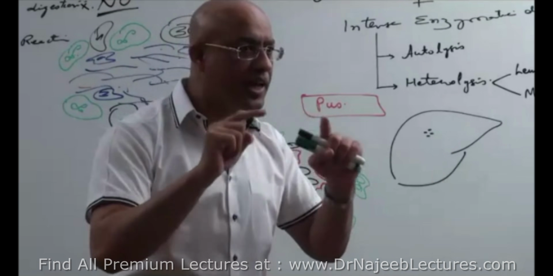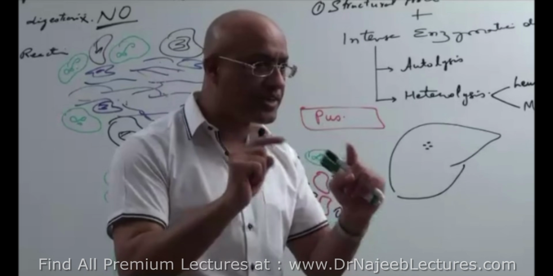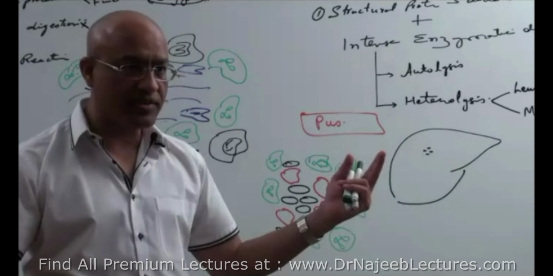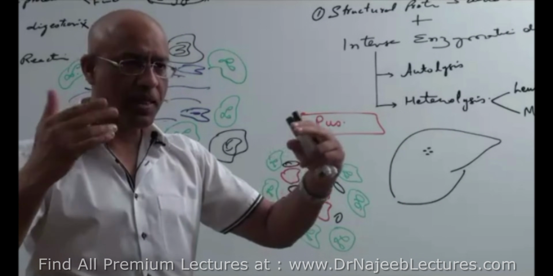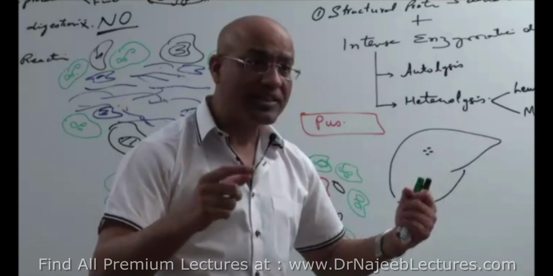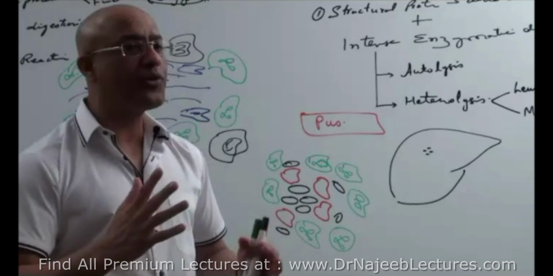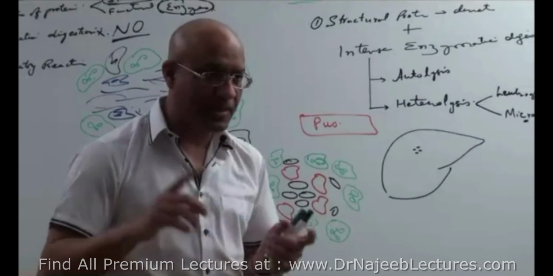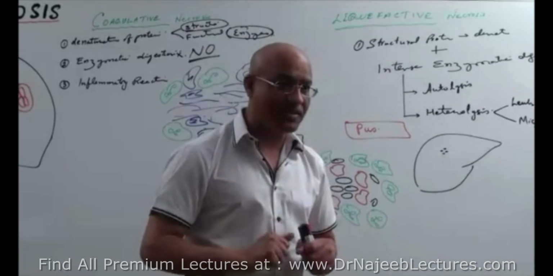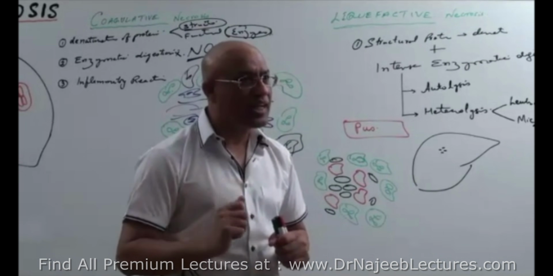The chemical mediators which attract the macrophages, the monocytes, which become macrophages when they come out of the blood vessel, are produced later. Secondly, of course, neutrophils are more abundant than the monocytes, and neutrophils are more mobile than the monocytes.